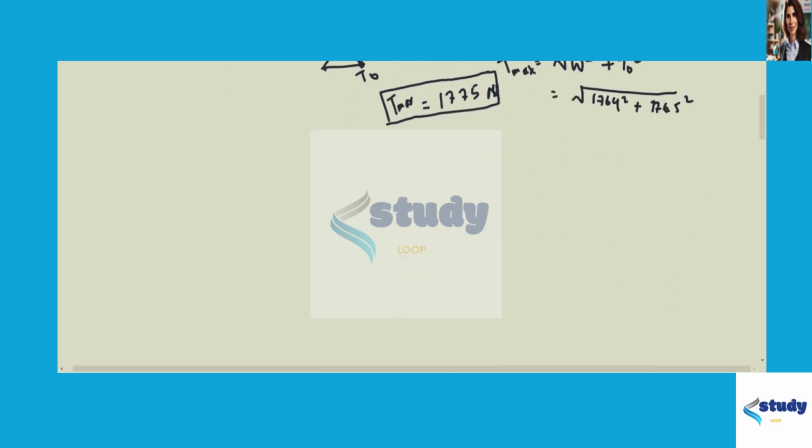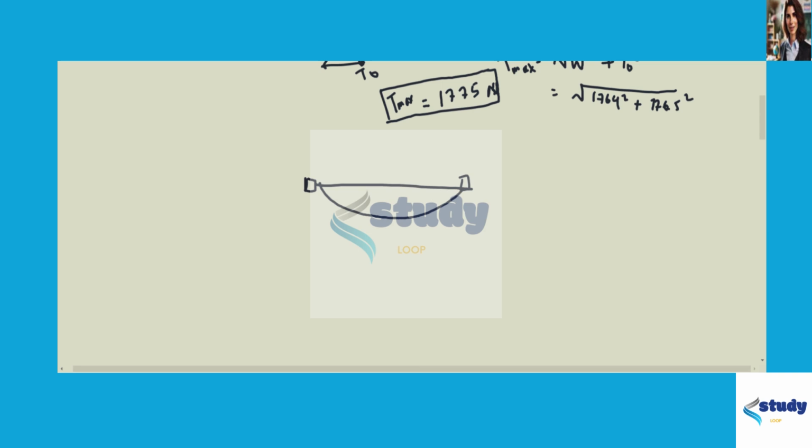Okay. So in the second part we want to calculate the length of the cable. So this was our cable between 2 points, and this was the length of the cable. So we want to find the complete length of this path. This is S. So if this is our origin, we can find the length of any portion of the cable.